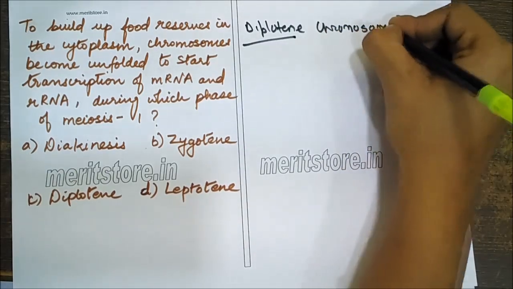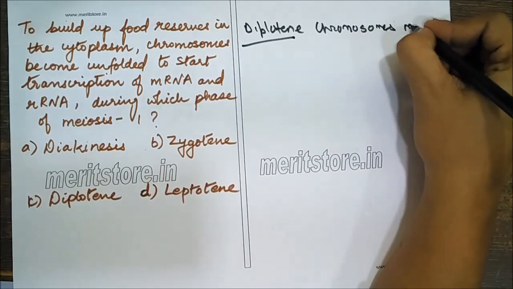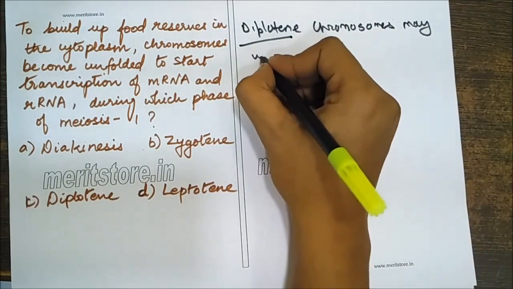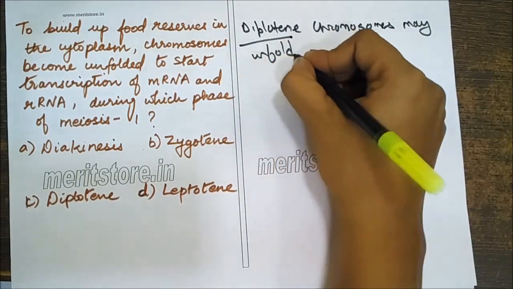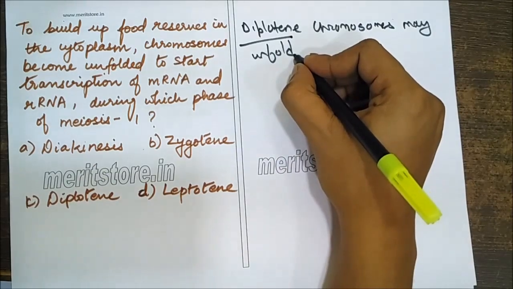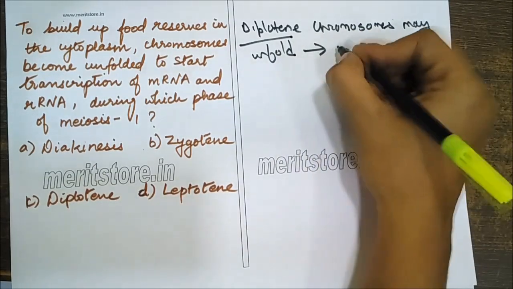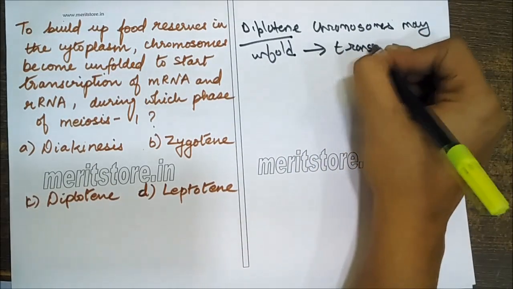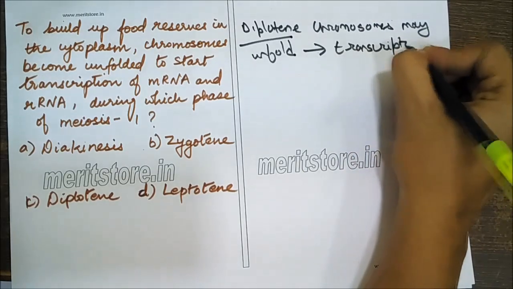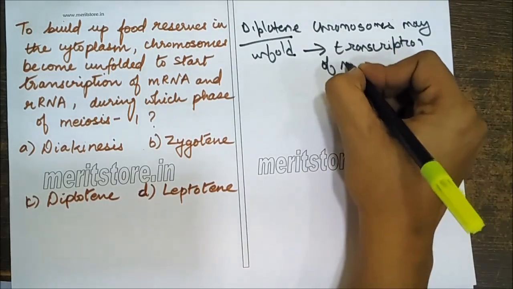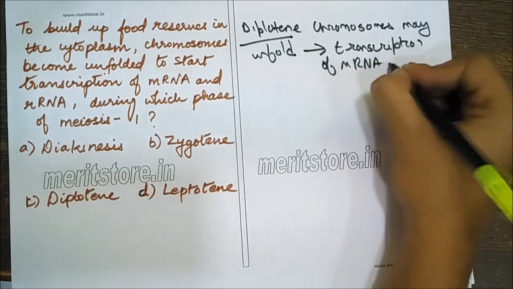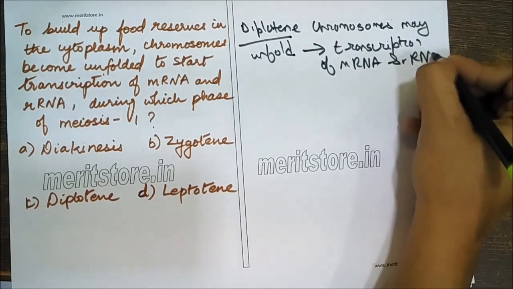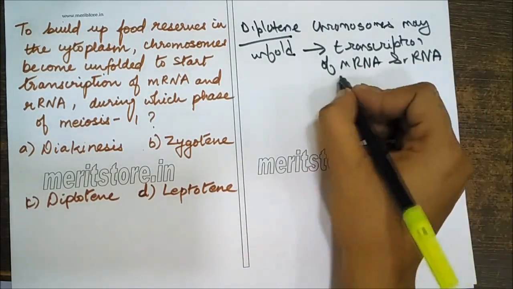So here chromosomes may unfold and they can start transcription of mRNA and rRNA in order to build up food reserves.